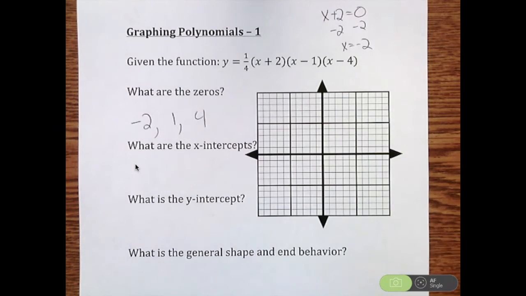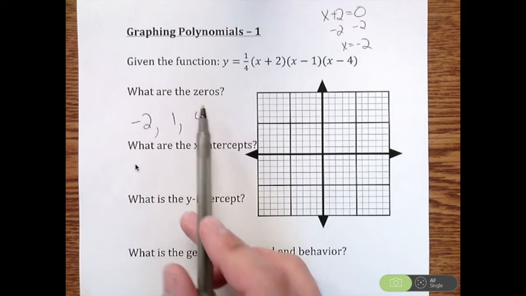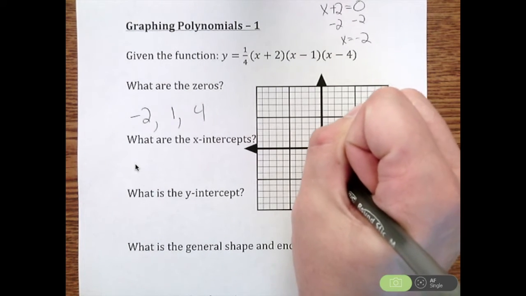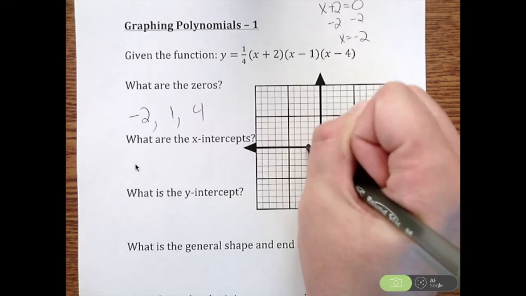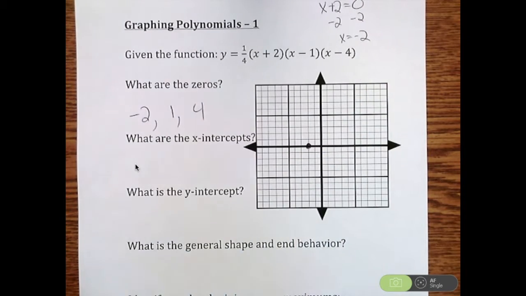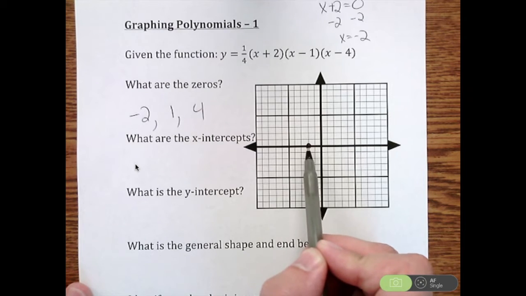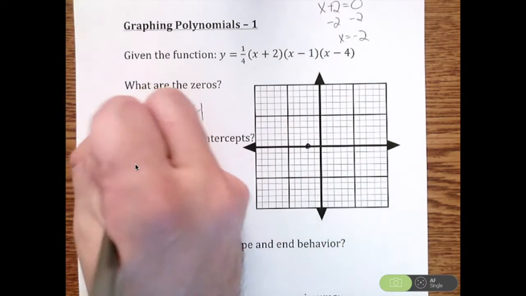Now, the way zeros are important, zeros are also going to be our x-intercepts. So if I have a 0 of negative 2, that means this graph is going to cross the x-axis and intercept it at negative 2. So negative 2, we have that point. We can write the coordinates for this x-intercept. So by coordinates, the xy coordinates.